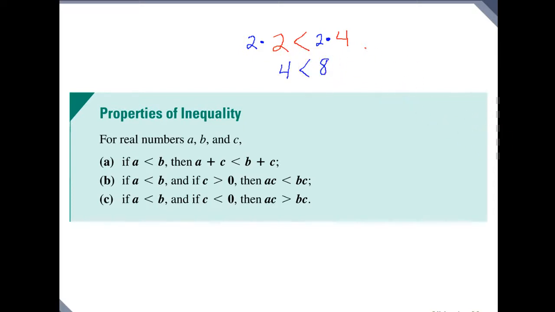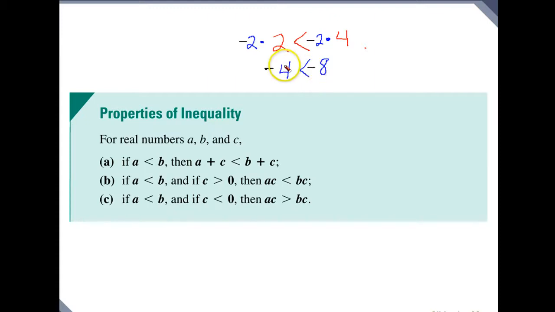But how about if instead of a positive 2, I multiply it by a negative 2? Now I'm doing the same thing to both sides that we do in equations, but now something interesting happens. This becomes a negative 4, and this becomes a negative 8. Now, is this statement true?